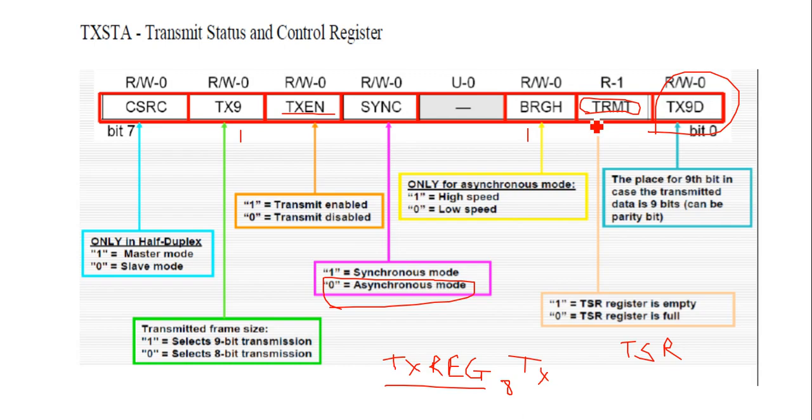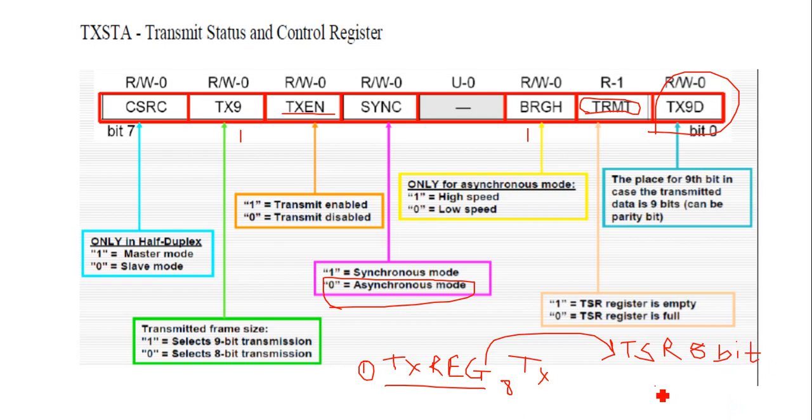Again, I'll explain. The data is not sent directly to the TX pin. It is first stored into the TXREG register. From the TXREG register, the data is fetched to the TSR, where the TSR frames the 8-bit data with one stop bit and one start bit.